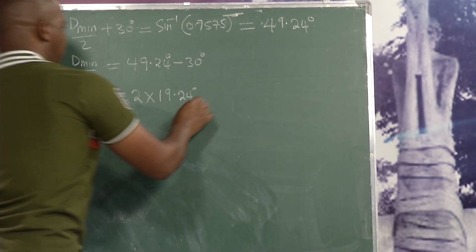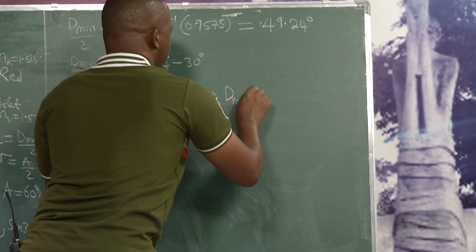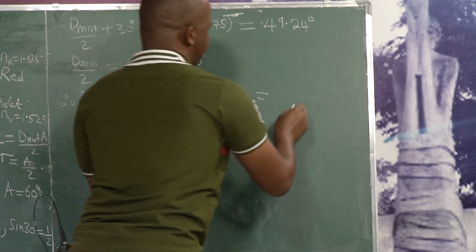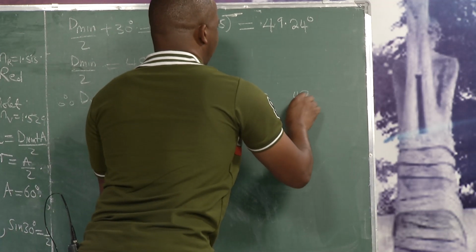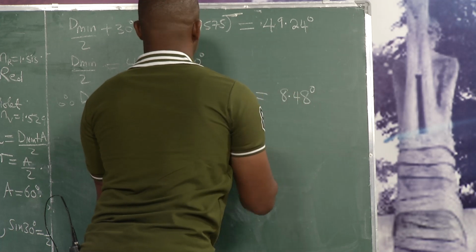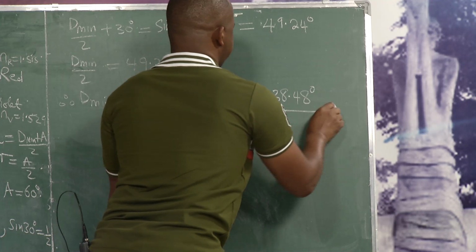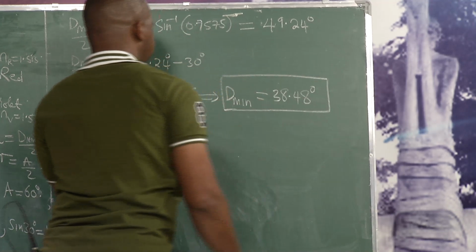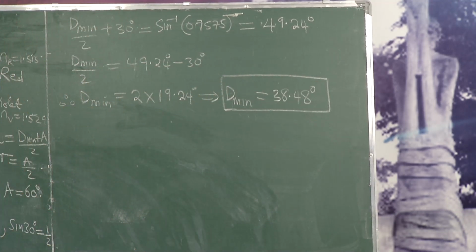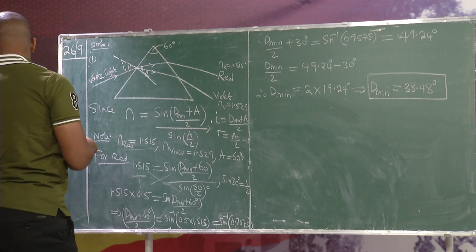And when we compute this, we can say finally that the value for the minimum deviation will be approximately given as 38.48 degrees.